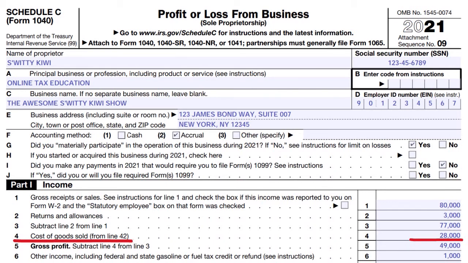Some people like to count inventory manually. You can do that too, or you can rely on third-party software to do it for you. At the end of the day, you need to have a way to substantiate anything you put on your tax return to the IRS. If they ask you, you have to be able to substantiate that.